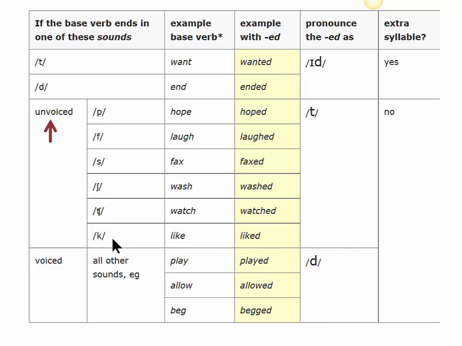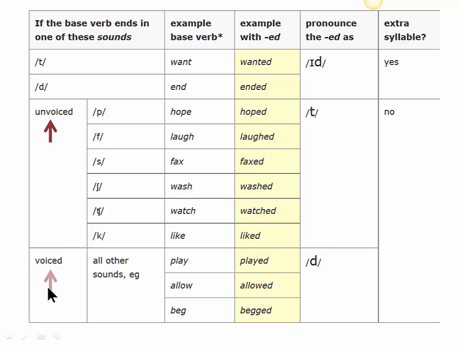In that case, for all unvoiced sounds, you're going to just have the t sound at the end. For example, hope, hoped, laugh, laughed, fax, faxed, wash, washed, watch, watched, like, liked.